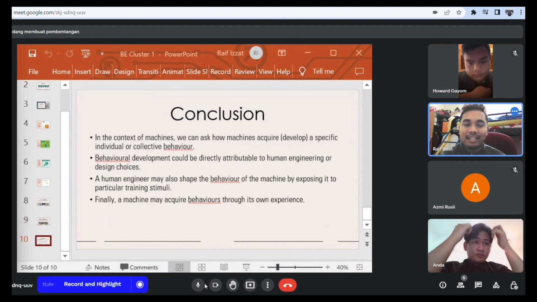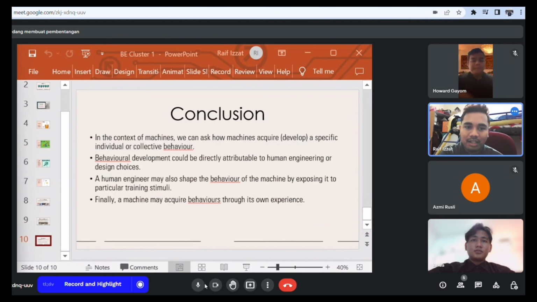And lastly, for conclusion, in the context of machines, we can ask how machines acquire or develop a specific individual or collective behavior. Behavioral development could be directly attributable to human engineering or design choices, such as architectural design choices made by the programmer.